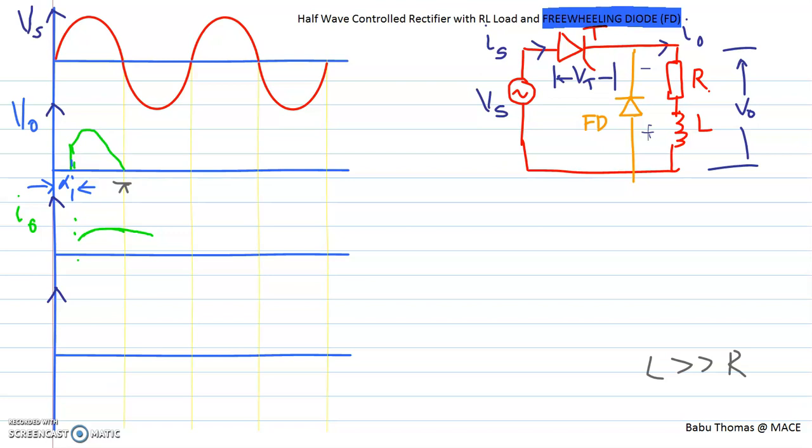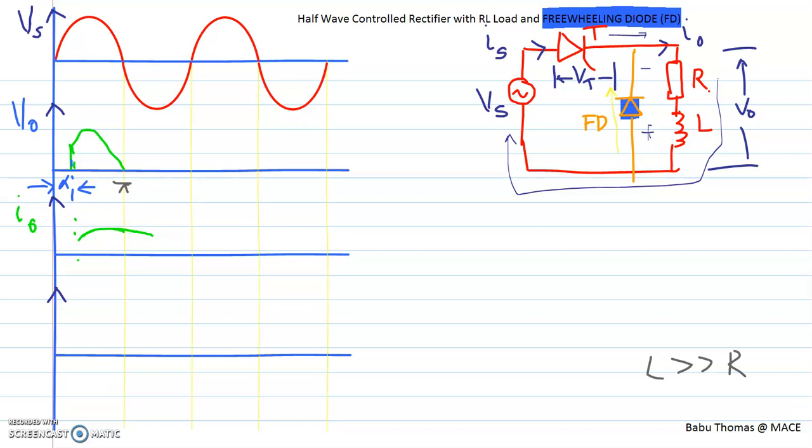Earlier your load current was moving from the thyristor, then the resistance, then the load, and back to the supply. When the supply reverses its direction, the freewheeling diode goes from reverse biased to forward biased. Now the current moves from this particular point to this particular point.